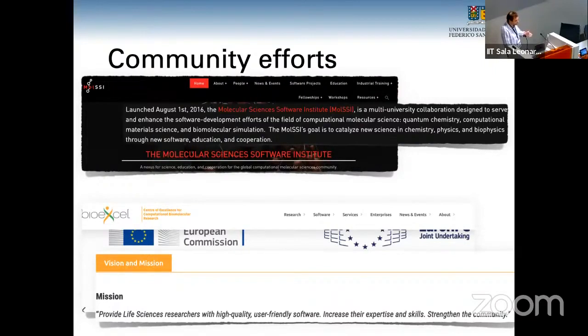These are two community-wide efforts that I really like, mostly in the US, and BioExcel in Europe, that promote good software practices, promote easy-to-use software, interoperability, and sort of setting standards on how software should be developed in these applications. And honestly, on the PB side, we were sort of lagging here, and I was hoping this effort would align with these community-wide efforts.